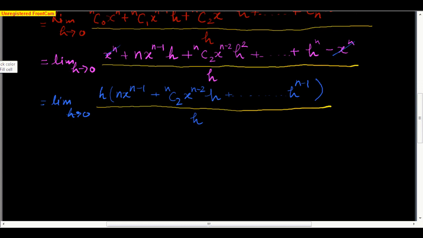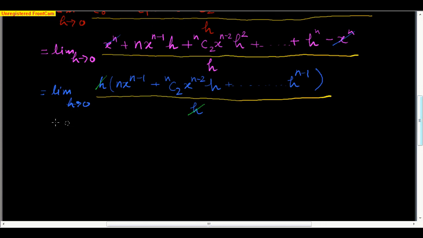Now this h and this h will eliminate by division, and limit h tends to 0, we have n x power n minus 1 plus nC2 x power n minus 2 h and so on plus h power n minus 1.